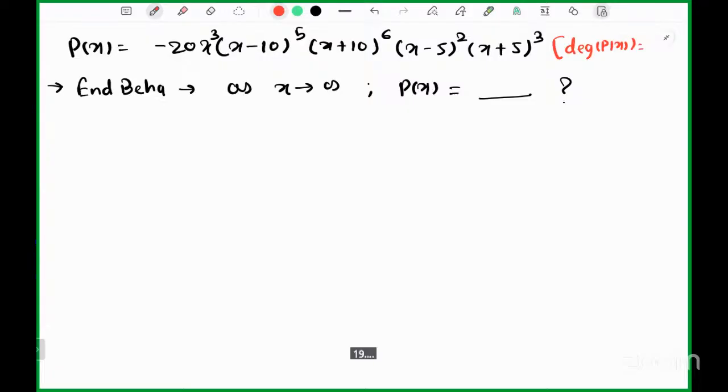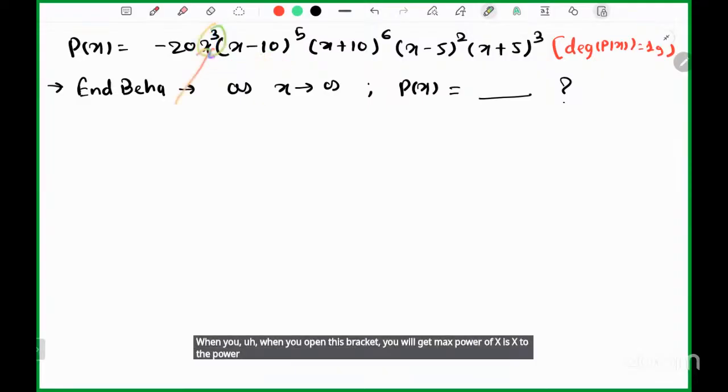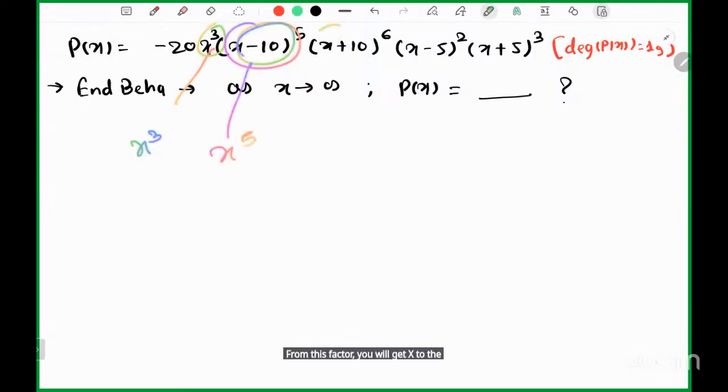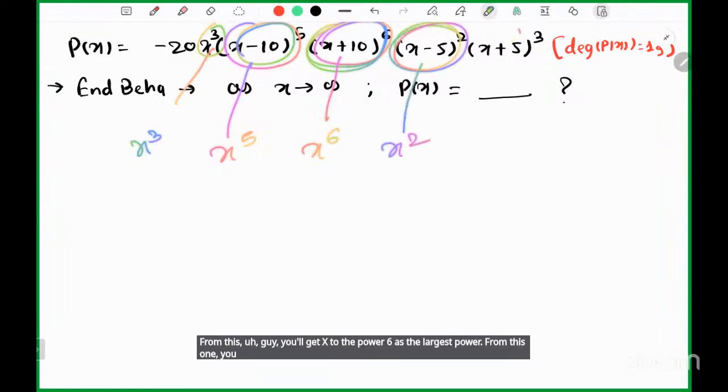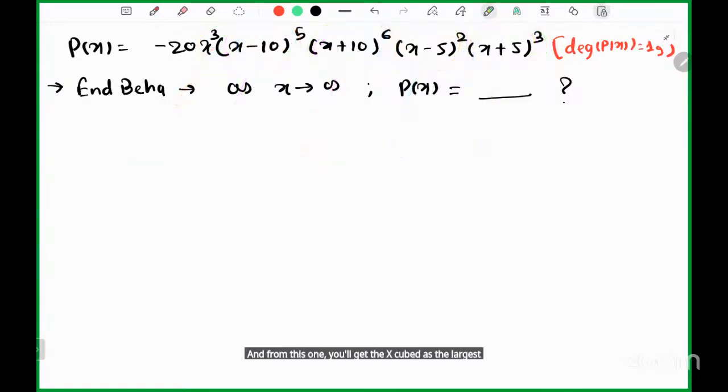You can simply sum, because when you open the brackets, from this factor you will get x cube, from this factor you will get x to the power 5 as the largest power, from this one x to the power 6, from this one x square, and from this one x cube, and everything is in multiplication.